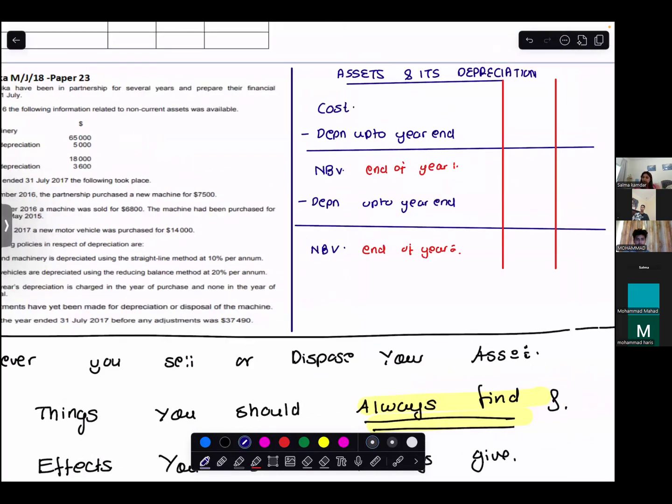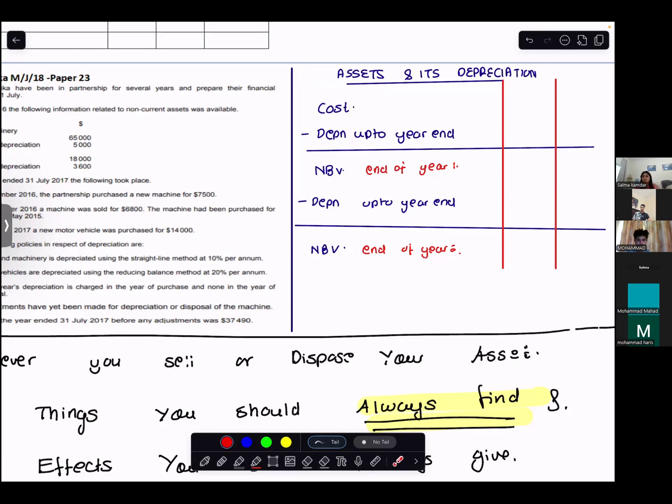Depreciation is on non-current assets. You all know that, right? Depreciation is always on the non-current assets. And you know that whenever you start removing depreciation from the cost of the asset, when you subtract your depreciation, you get something which is called your net book value.